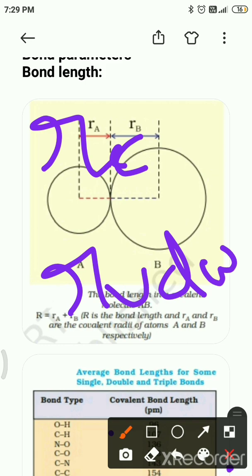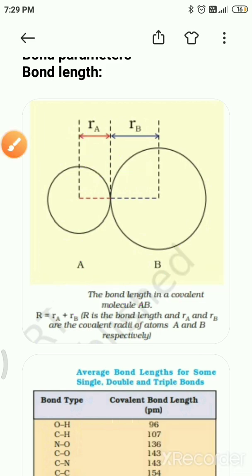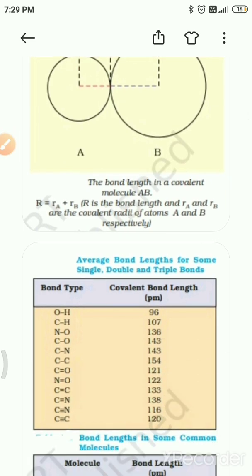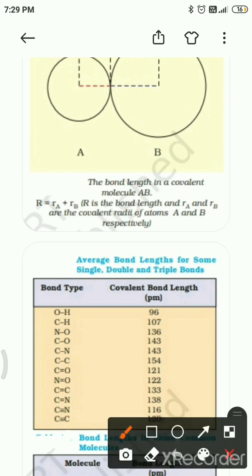Typical average bond lengths for single, double and triple bonds are shown in the table below. The O-H bond has a covalent bond length of 96 picometer.